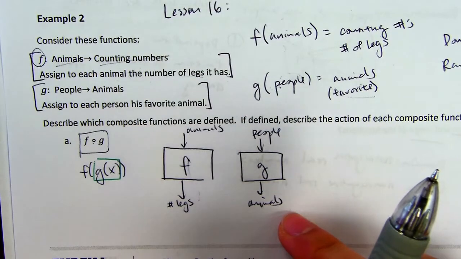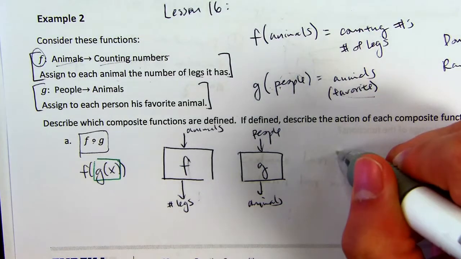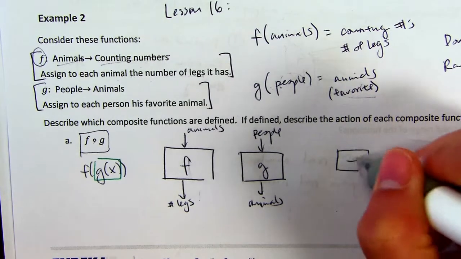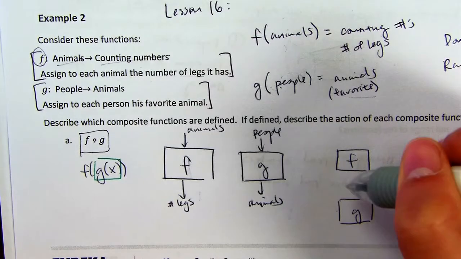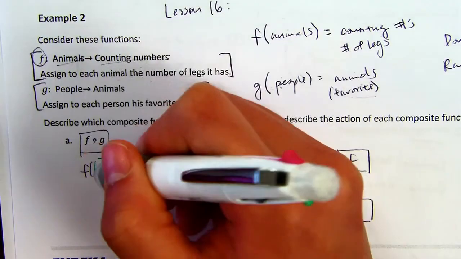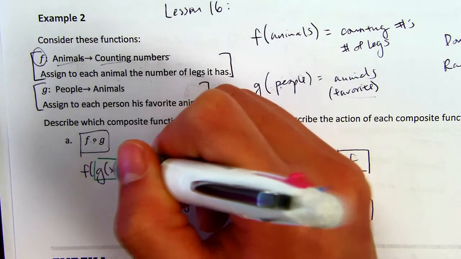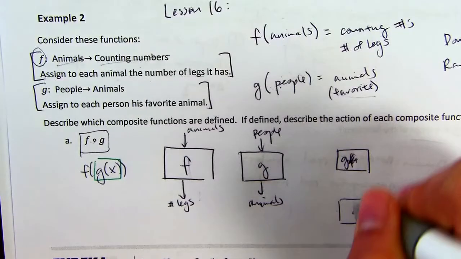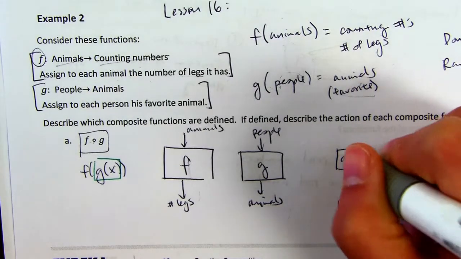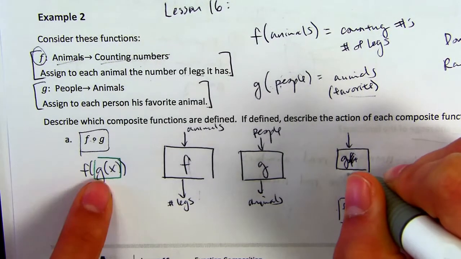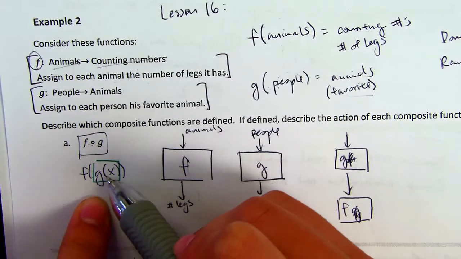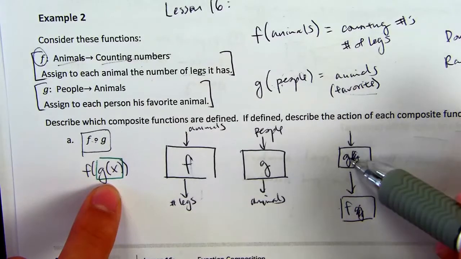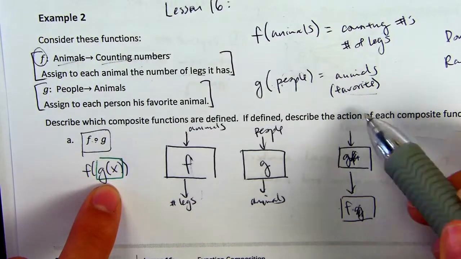So the question is, do we want f to go first or g to go first? If we need to connect the two boxes, is it okay if f goes first or g goes first? In this case, f of g of x means that g goes first and then f, because you're evaluating g first, and then taking whatever you get back out from g and plugging it into f. Is this transition okay?